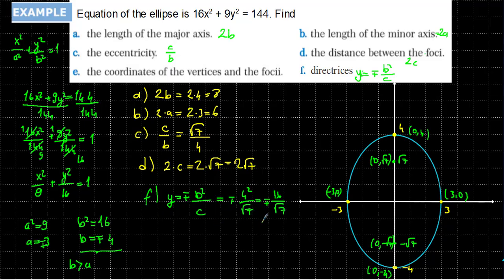Approximately the value is 2 point something, so the directrices are at 8 and minus 8 approximately, or 7 we can say. Okay, so y is equal to plus and minus 16 over root 7.